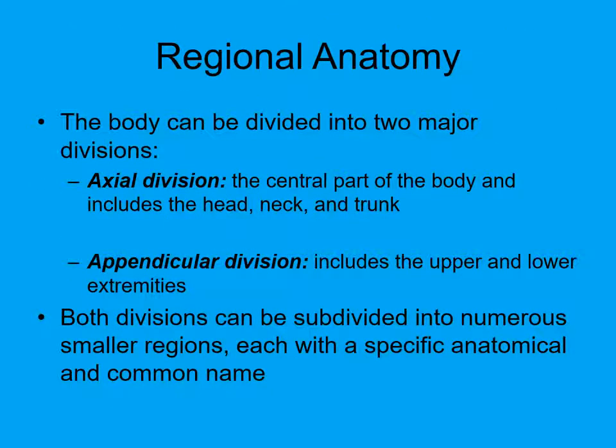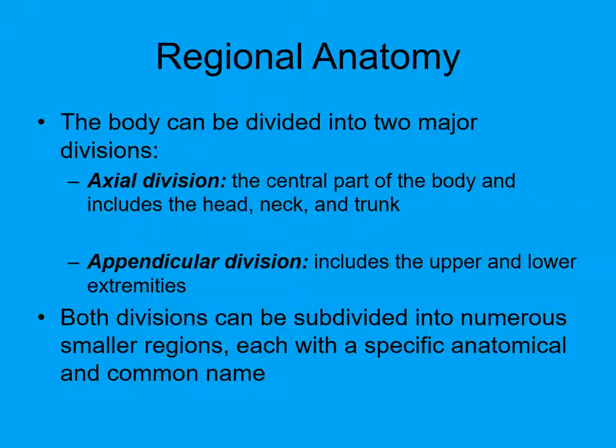You can look at regional anatomy, so you're hopefully starting to see now how when you study anatomy, people specialize, and some are more microscopic, some are more gross anatomy, some may be looking at systems, some may be looking at regional anatomy. It all just depends on how you divide it up.